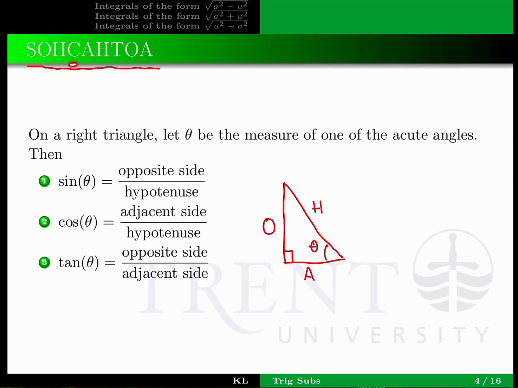That's our CAH. And finally, we've got the TOA. Tangent theta equals the opposite side over the adjacent. TOA. Okay, so this is our SOHCAHTOA.